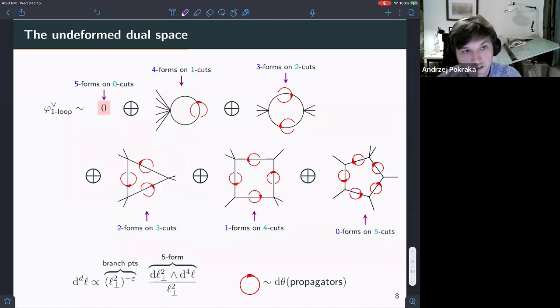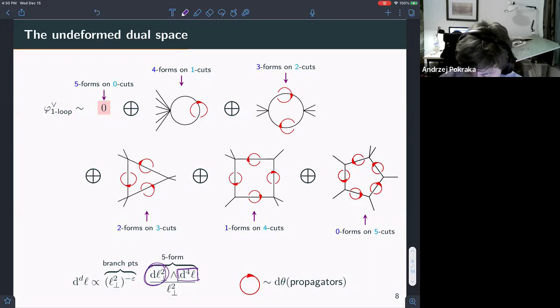It turns out that the one loop forms in dimensional regularization are actually 5 forms. We have the differential for the 4 physical loop momenta, but we also have this extra one, which is the differential of the radius of the -2 epsilon dimensional part of the loop momentum space. So it's a 5 form.